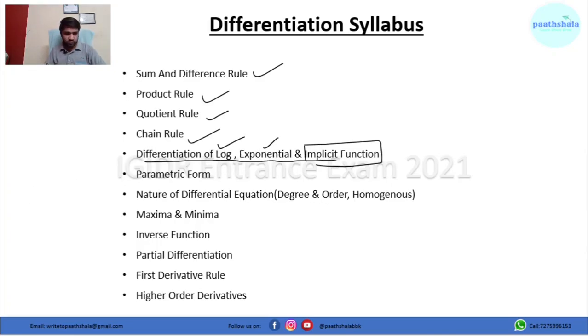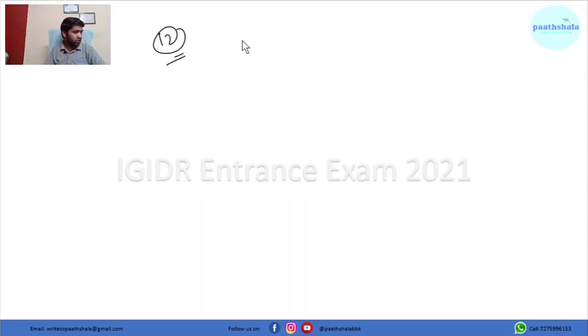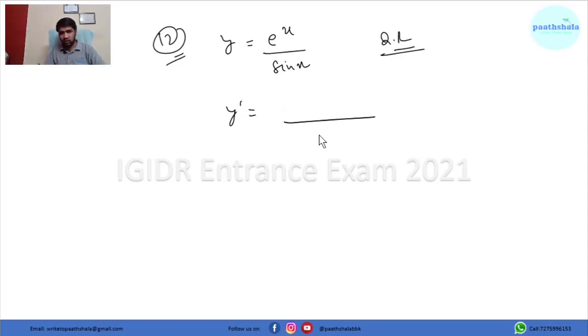Okay, so let's see. Question number 12 is y equals e to the power x upon sin x. Here it is an exponential function and a trigonometric function, so we'll follow the quotient rule. As per the quotient rule, differentiation will be, let's say, y dash equals, and here this will be sin x whole square, and then sin x, that is the second function, and then differentiation of the first function, differentiation of e to the power x is e to the power x.